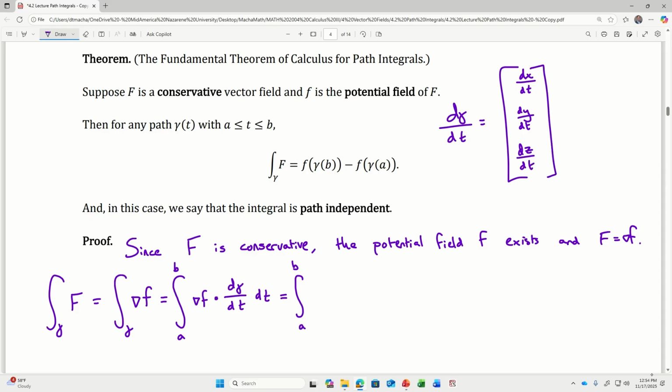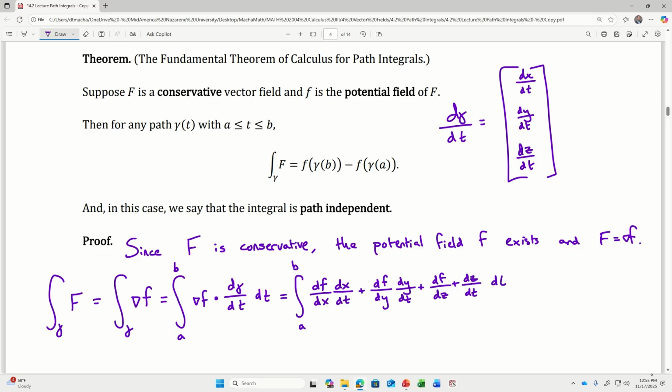And when I take the dot product, this is going to be the derivative of f with respect to x times the derivative of x with respect to t, plus the derivative of f with respect to y times the derivative of y with respect to t, plus the derivative of f with respect to z times the derivative of z with respect to t.